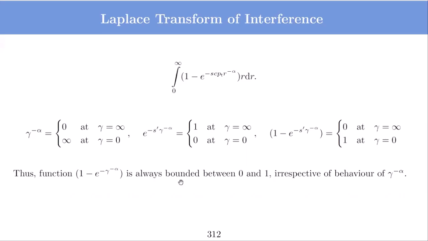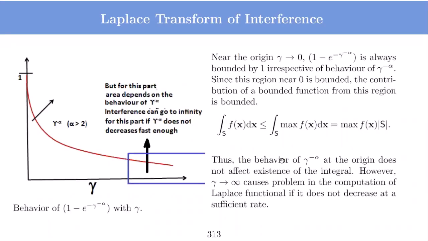So this function is always bounded between 0 and 1, so it doesn't take very high values irrespective of the value of alpha. So near the origin, when gamma is very small, 1 minus e to the power minus gamma minus alpha is always bounded by 1, irrespective of the value of alpha. So since this region near 0 is bounded, the contribution of a bounded function from this small region is bounded.